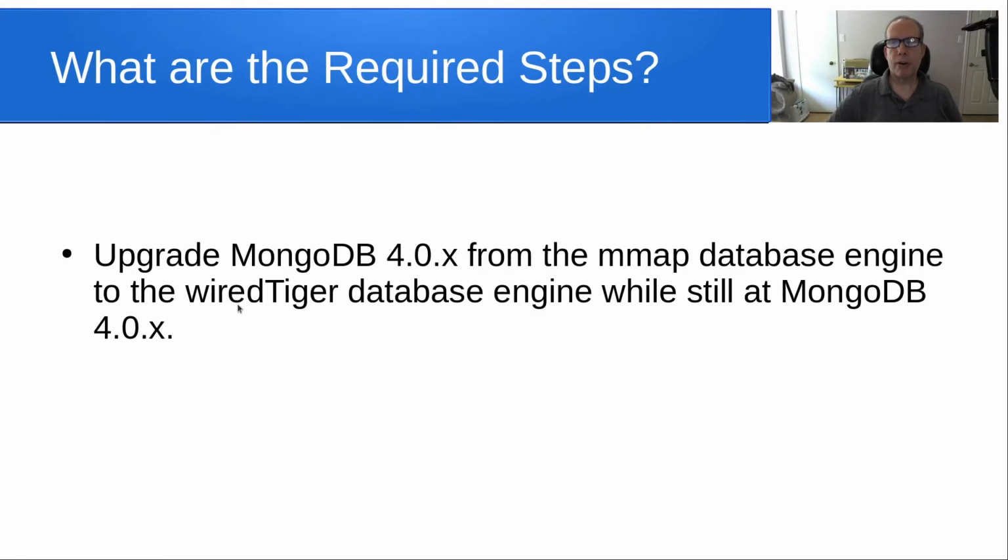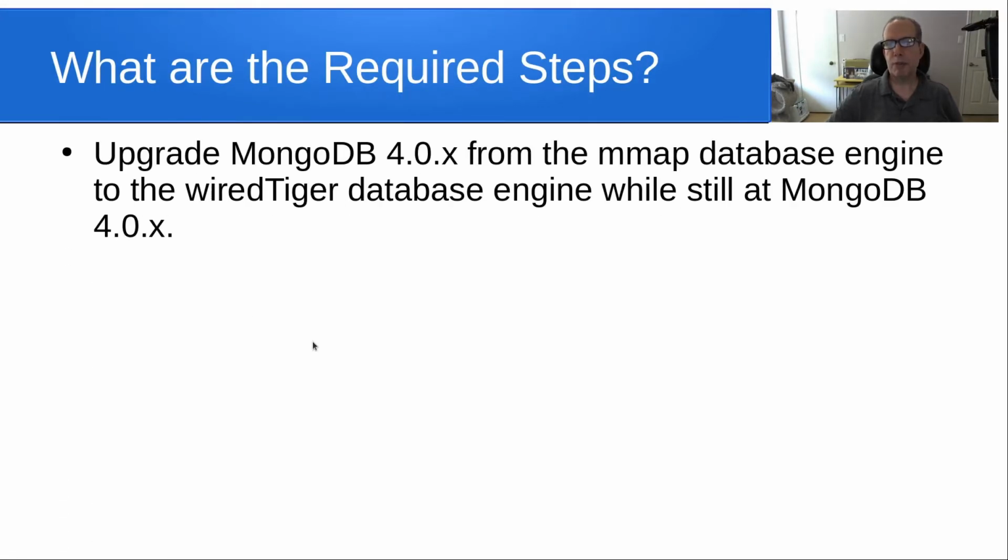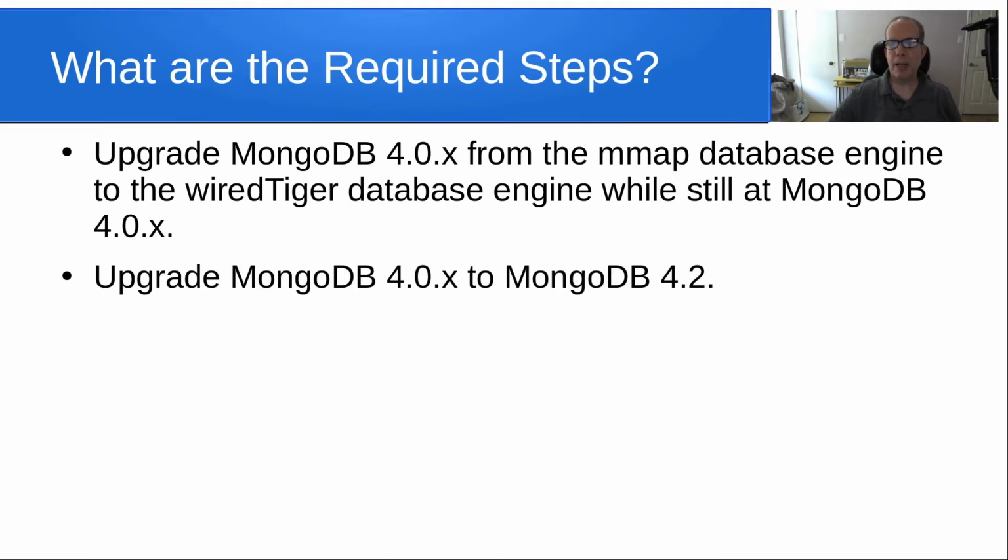So what are the required steps? Well, you have to upgrade MongoDB 4.0.x from the mmap database engine to the wiredTiger database engine while you're still at MongoDB version 4.0. Then you have to upgrade Mongo 4.0 to 4.2.